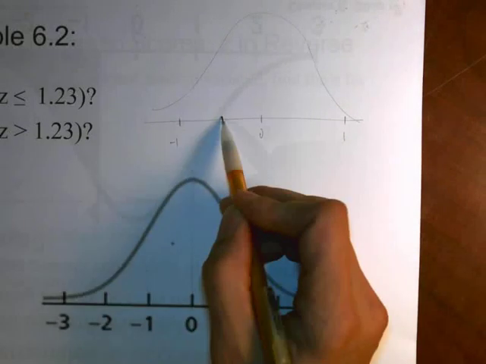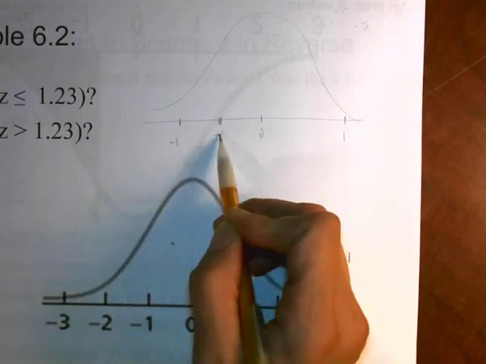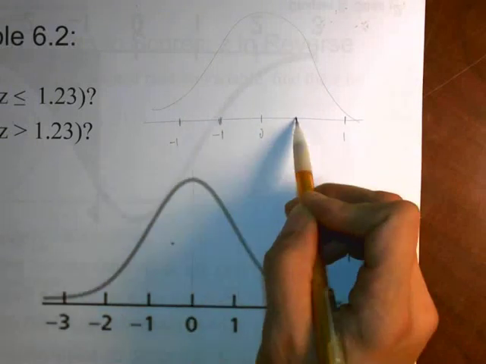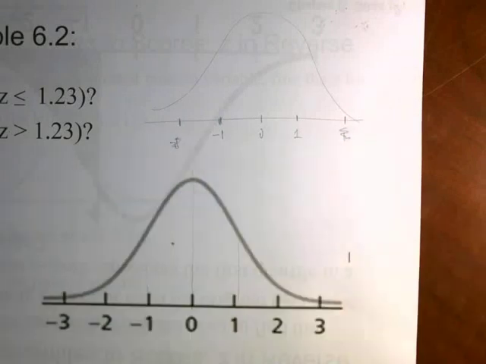So, I'm saying that one standard deviation below the mean is down here, and one standard deviation above the mean is up here and not there.